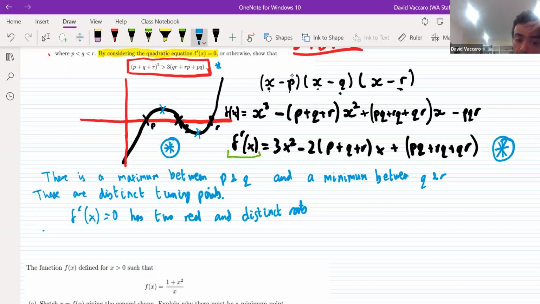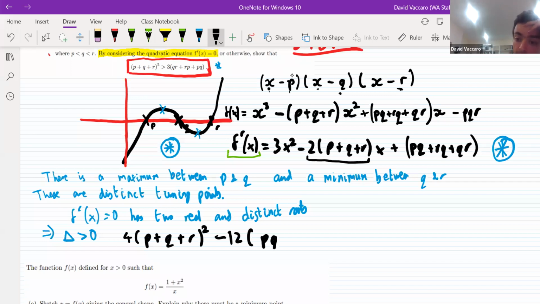Which implies that the discriminant is bigger than 0. So what we know now is that b squared, so that's 4(p plus q plus r) squared, minus 4ac, so minus 12(pq plus rq plus qr) is bigger than 0.